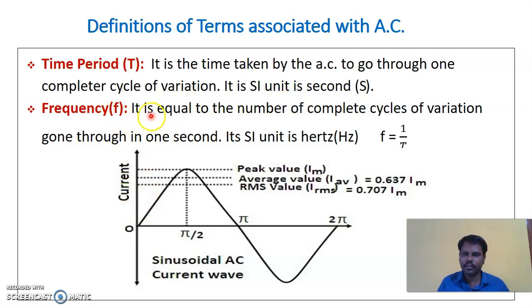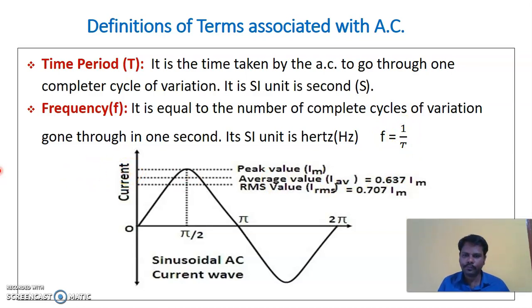Frequency. It is equal to the number of cycles of variation gone through in 1 second. Its SI unit is Hertz. The relationship between time period and frequency is given as f is equal to 1 by T.